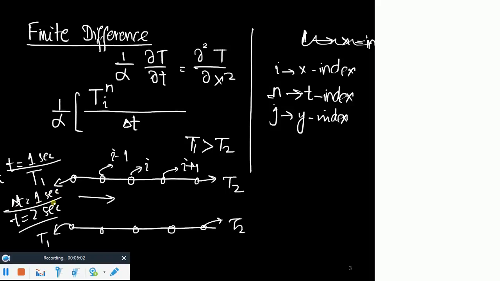Delta t equals 1 second. Similarly, I say that this picture is at the n plus 1 time level, and this picture is at the nth time level. You see, I am taking the derivative with respect to time, so which index should be changing? The time index should be changing. So I would approximate this derivative partial T by partial t as T i n plus 1 minus T i n.